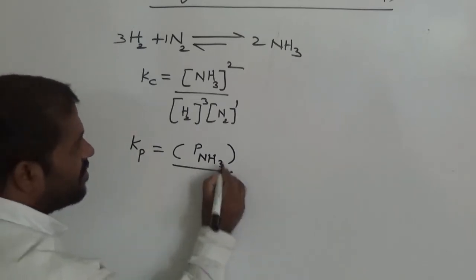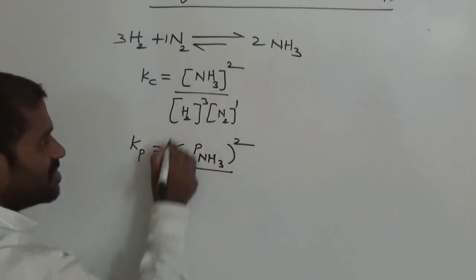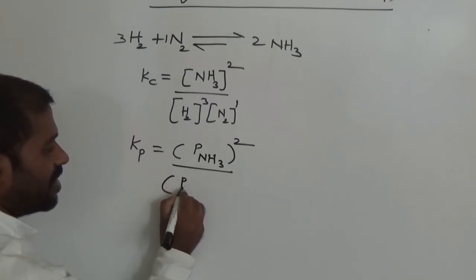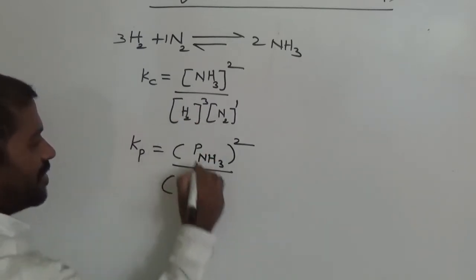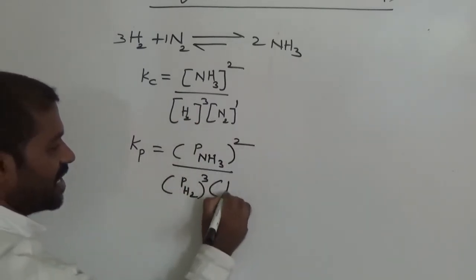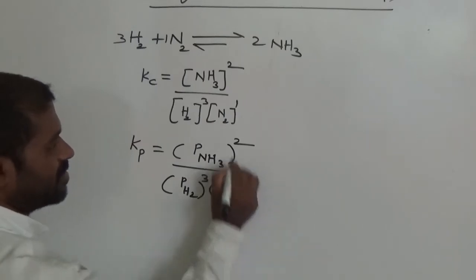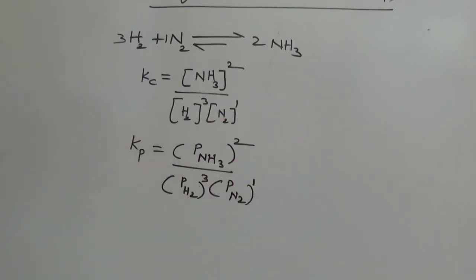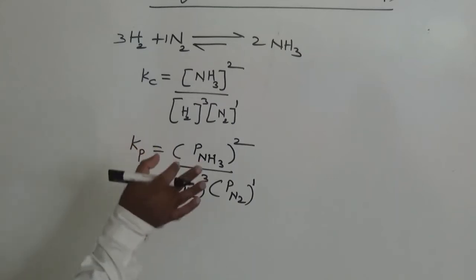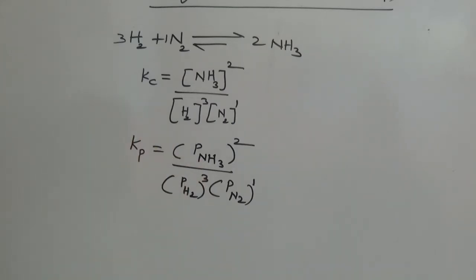What is the power? 2. Partial pressure of hydrogen, PH2, to the power 3. What about here? Partial pressure of N2 to the power 1. This is the expression for the equilibrium constant in terms of partial pressure. Is it clear?